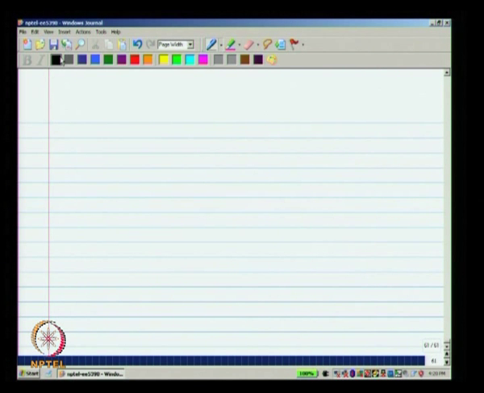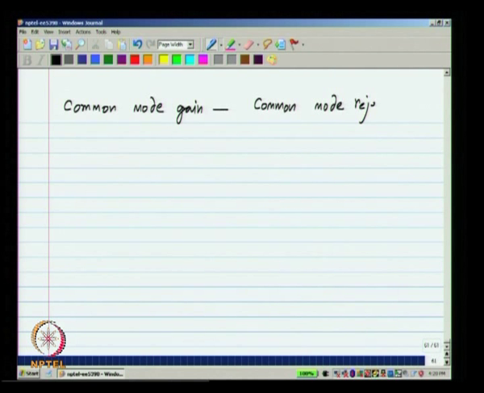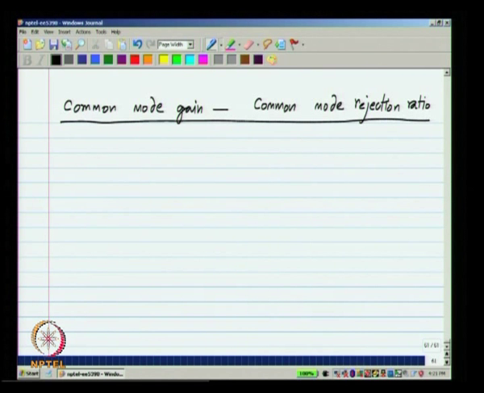Now, there is one more specification of the op amp which we did not consider earlier, which is known as the common mode gain, which is usually specified by the common mode rejection ratio. Okay.